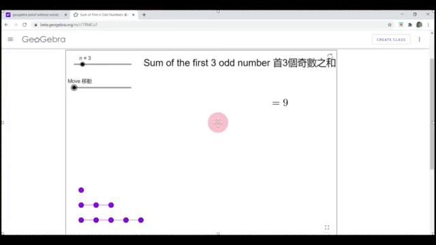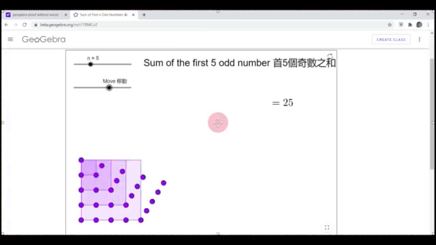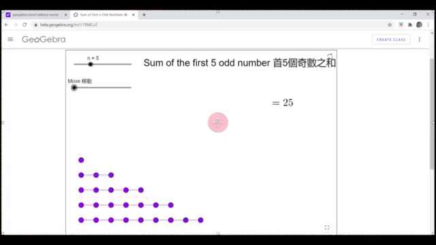Then if n is equal to 4, then this is 16. Then if n is equal to 5, then this is 25.